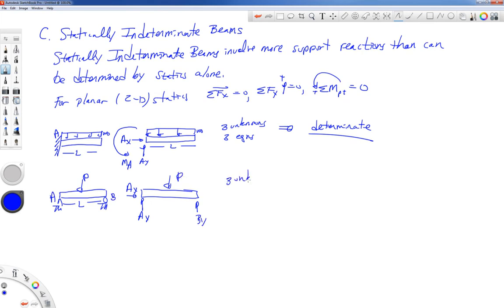Again, three unknowns, three equations of statics, statically determinate. Just to emphasize, these equations come from statics, which we just wrote above: summation of forces in the x and y direction equal to 0, and summation of moments about a point.